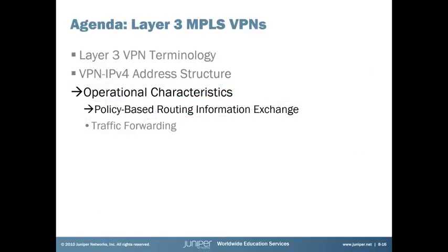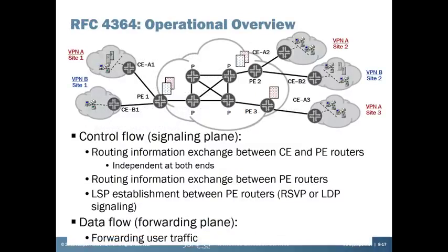Alright, so let's take a look at policy-based routing information exchange. Here we have our signaling plane, so routing information exchange between CE and PE routers. That is fairly straightforward because we've got a dedicated interface on the PE router that connects to the CE router.